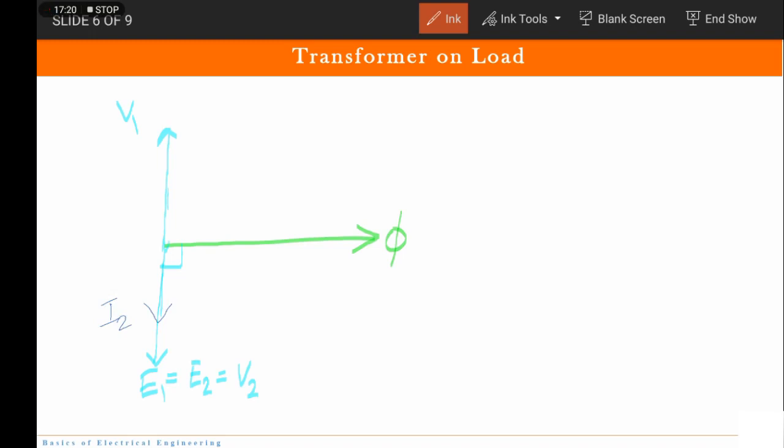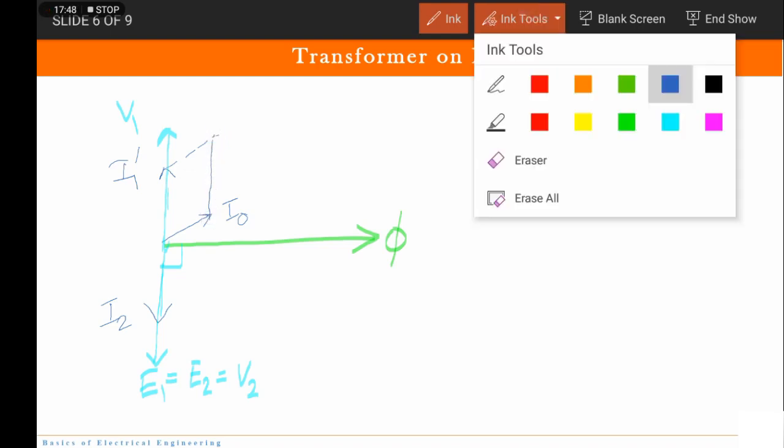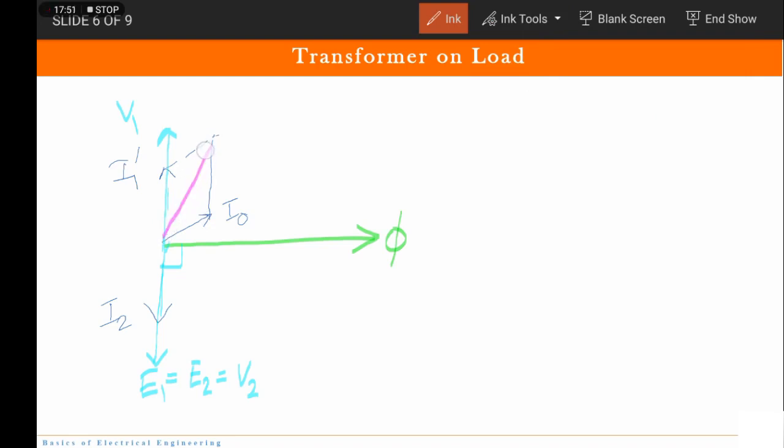Now to this I2 we have the opposite current which was flowing. This I2 made the current flow in the primary, which we represented as I1 dash. And there was some current flowing under no load condition. This was I0, which is small. So these parallel lines have to be drawn, and this is the resultant current, which is now I1.